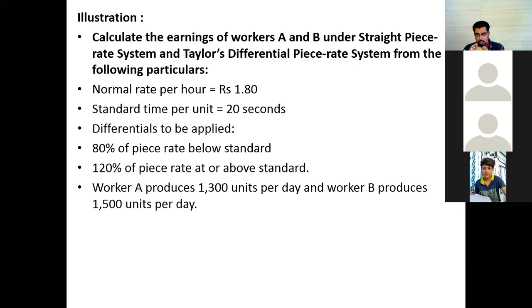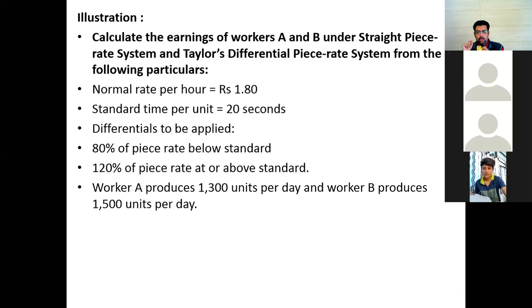The normal rate per hour is the standard, and the working day is 8 hours. So what is the standard per unit? Every 20 seconds they need to produce one unit of product.